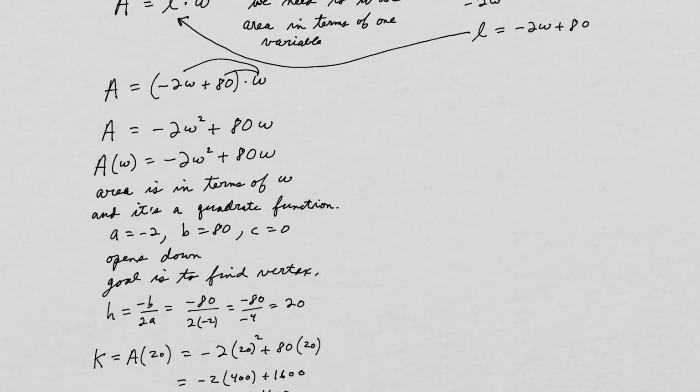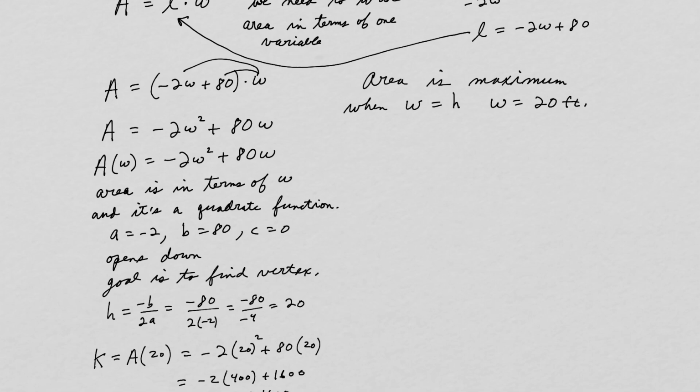So I'll write it here. For the maximum area, or I'll say area is maximum when the width is equal to H. So it's when the width is equal to 20 feet. And then how do we find the corresponding length?